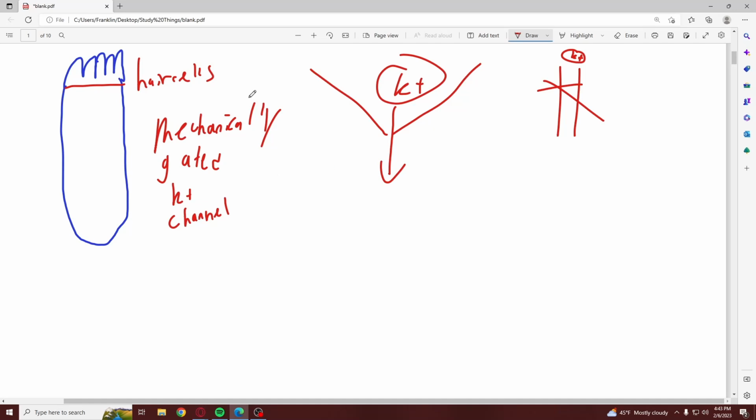So step 1, K comes in. Step 2, this will depolarize the cell, causing it to gain a charge, exciting it.